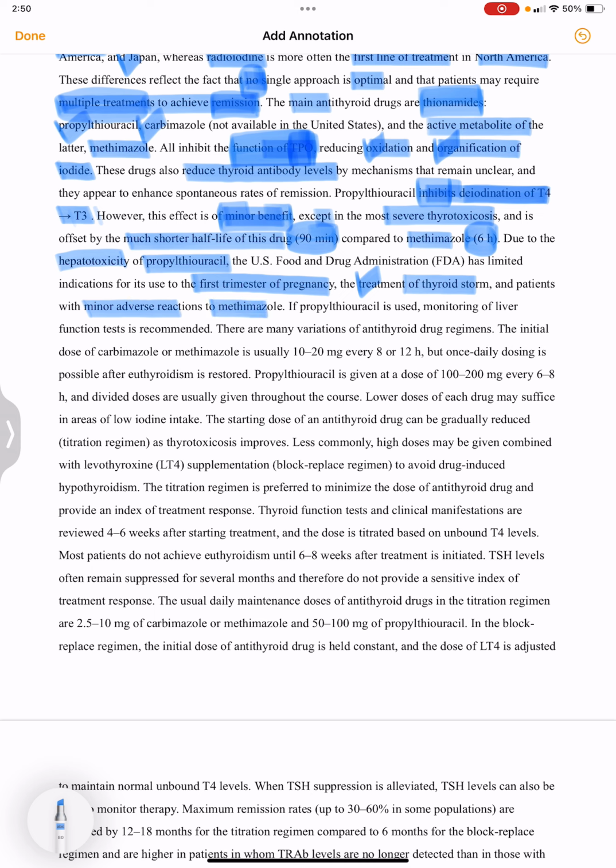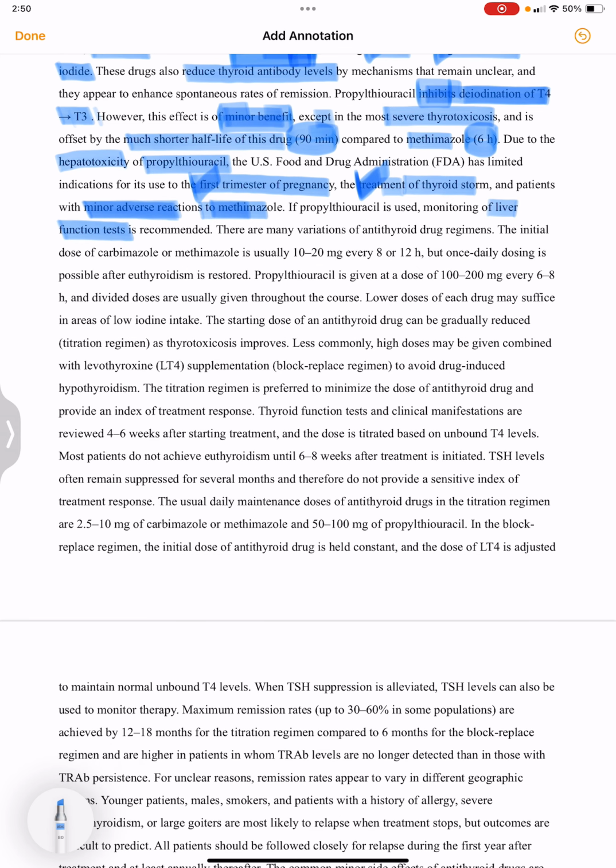If propylthiouracil is used, monitoring of liver function tests is recommended. So what do we have to monitor? Liver function tests.